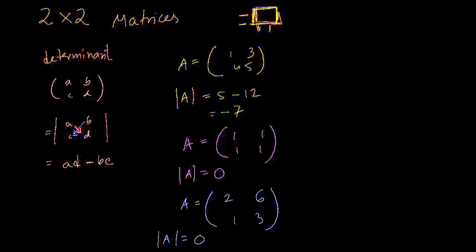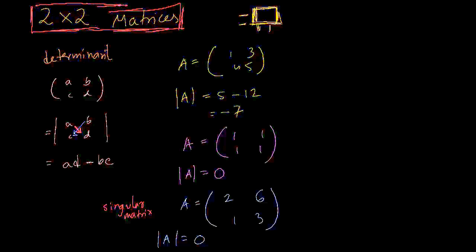Whenever a determinant is 0, we call that matrix a singular matrix. Remember, first of all, it has to be a 2 by 2 matrix for it to be a singular matrix. And if it's not a 2 by 2 matrix, you cannot find the determinant. So the special rule is the 2 by 2 matrix here.